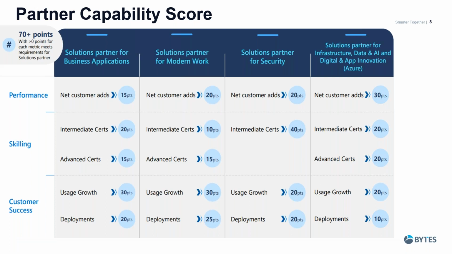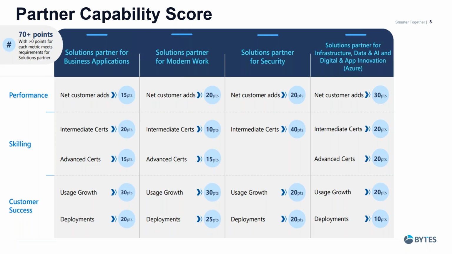I think quite a key point here, so we're aiming for 70. In theory, we could get to 70 points without hitting everything. Let's have a look at this. We could do the Azure solutions partner designation, and we could win enough customers. It's different per designation how many customers you need to win.